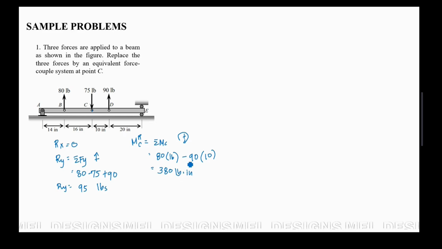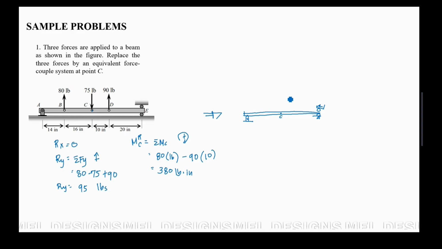Okay. So it's time to draw the equivalent force couple system. It will look like this one. Point C is right here in the middle. We can see that our resultant Y is positive.